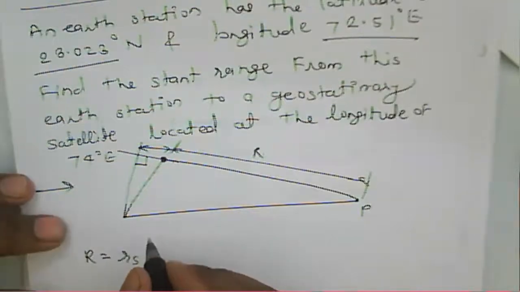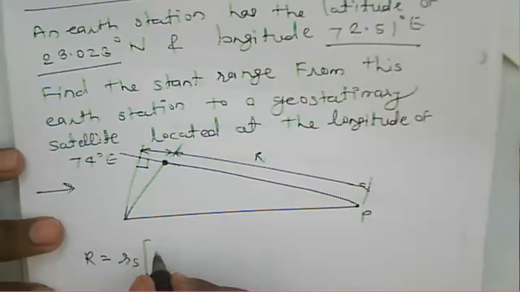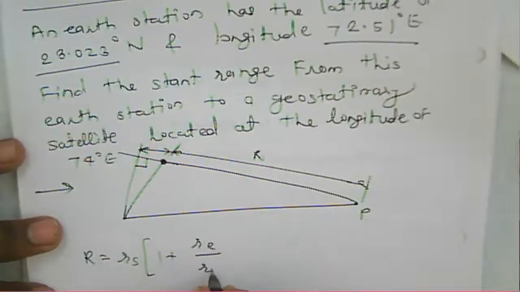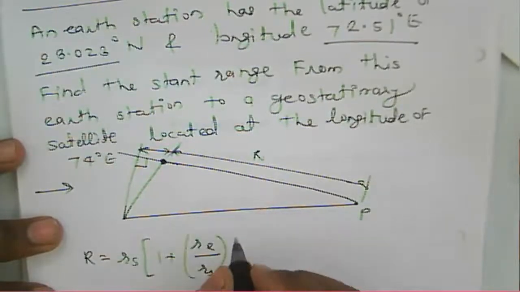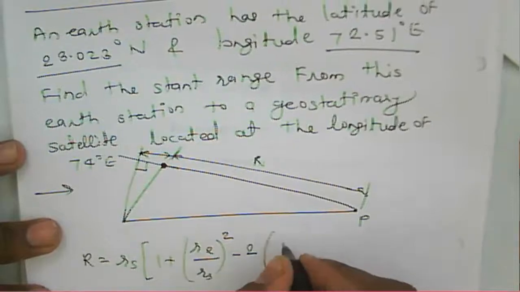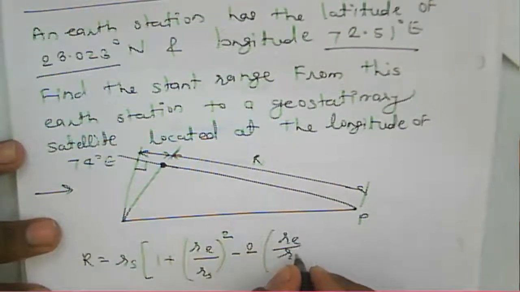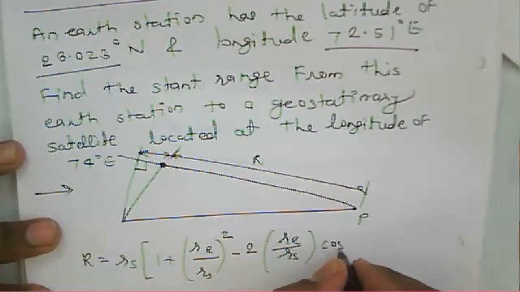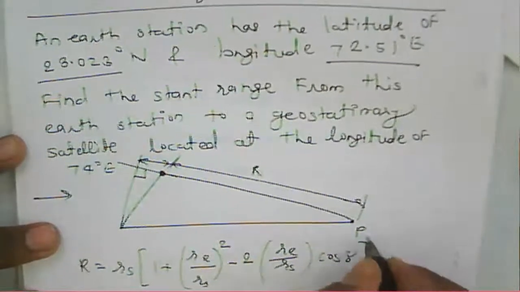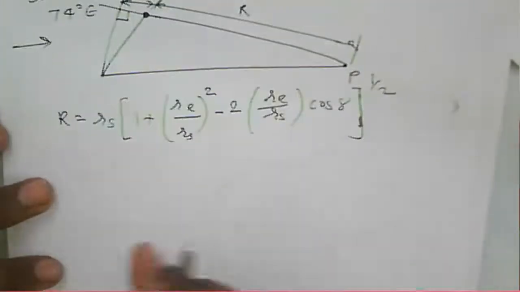That is RS times (1 plus (RE by RS) squared minus twice of RE by RS cos of gamma) raised to 1 by 2.